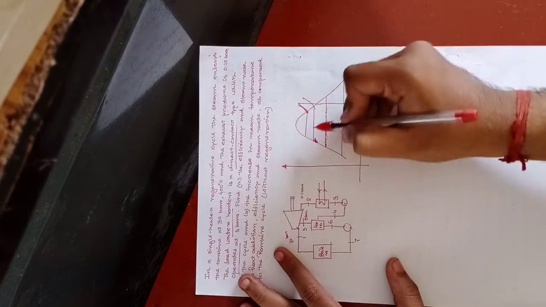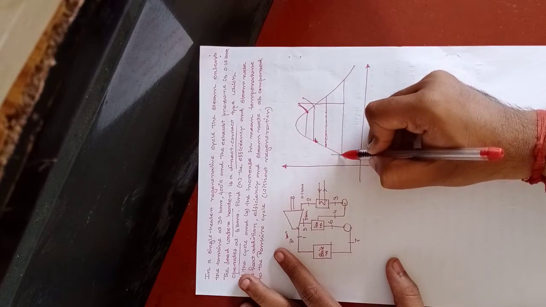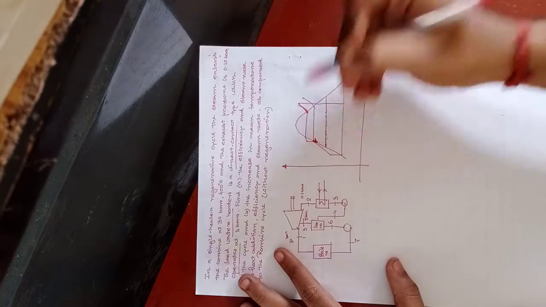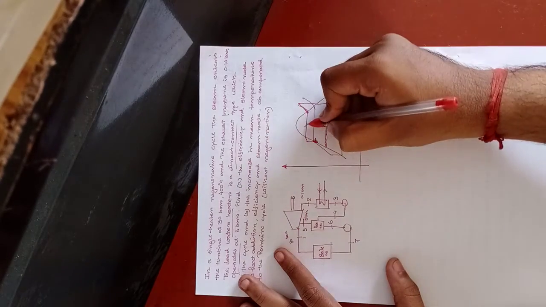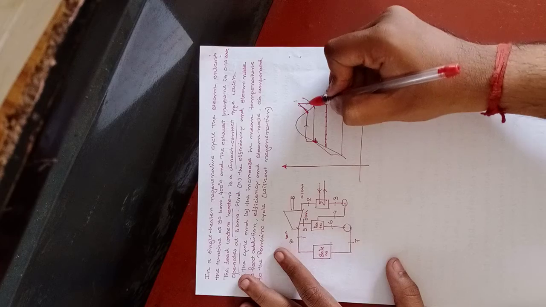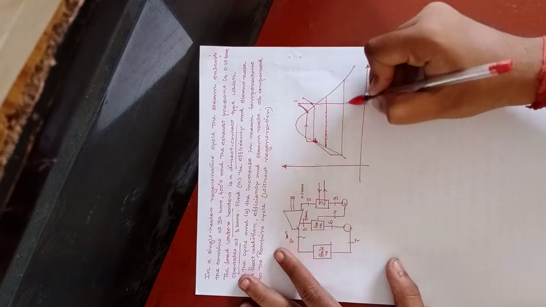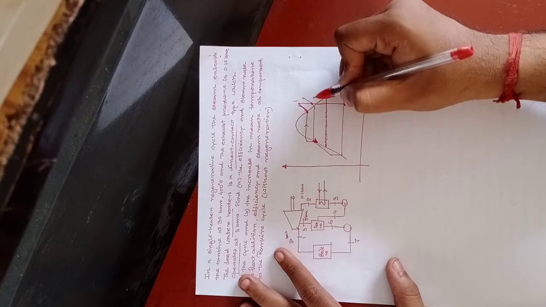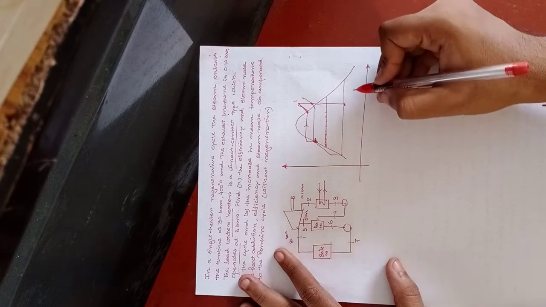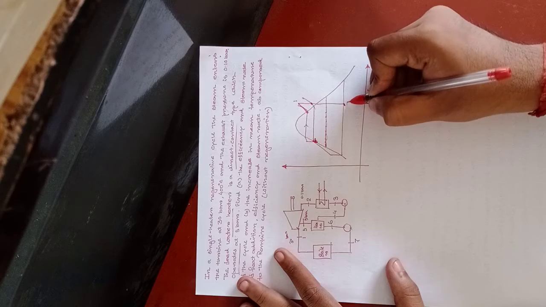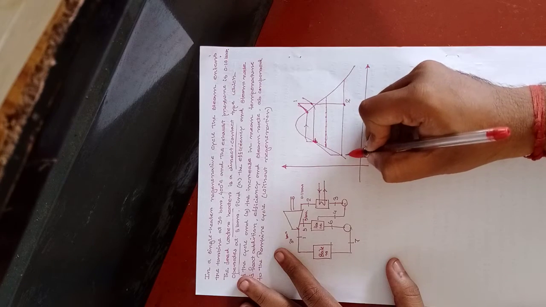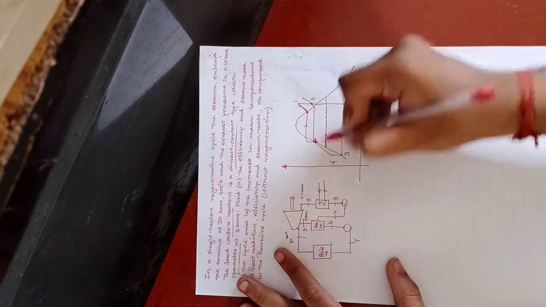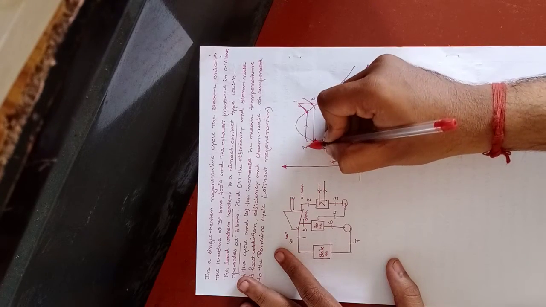Now this is a pump, it is working like this. Let me draw one by one: this point is 1, this point is 2, this is 3, this is 4, this is 5, this is 6, and this one is 7.